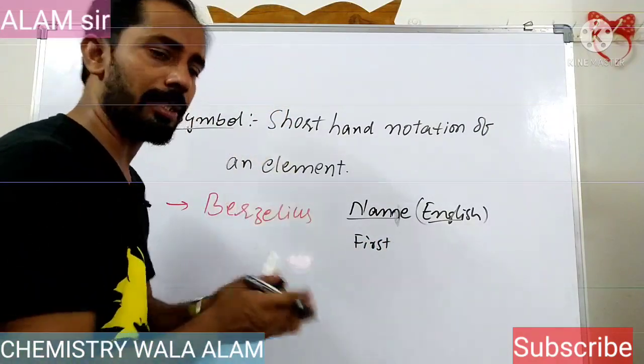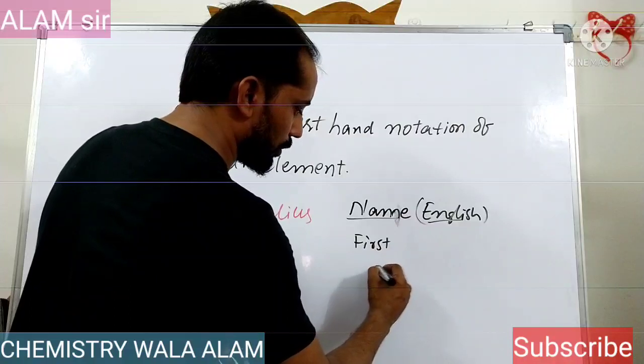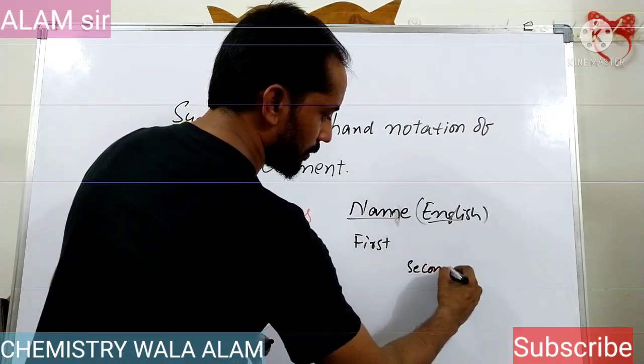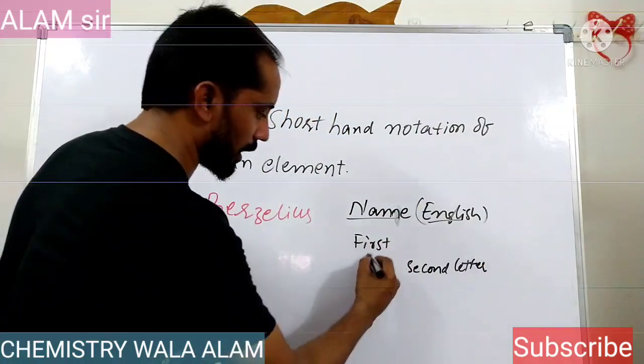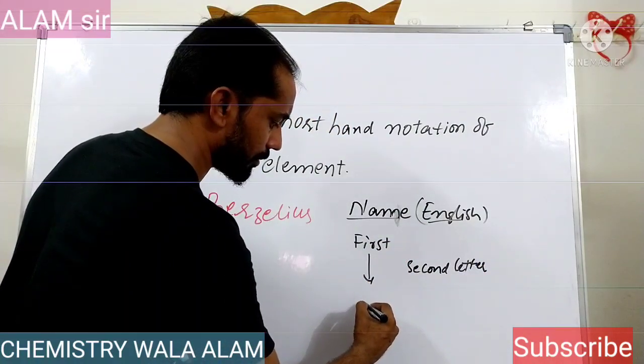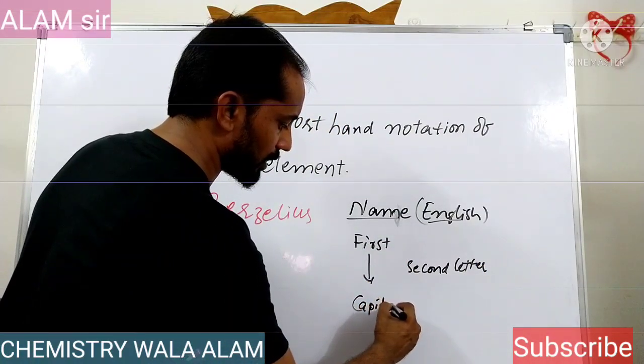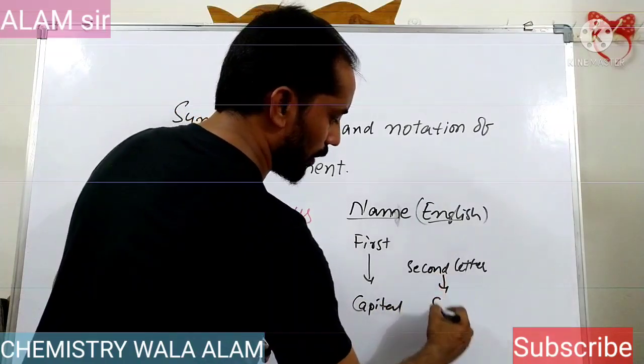If the first letter is the same, then we go to the second letter also. But the condition is the first letter is always a capital letter, and the second one is always a small letter.